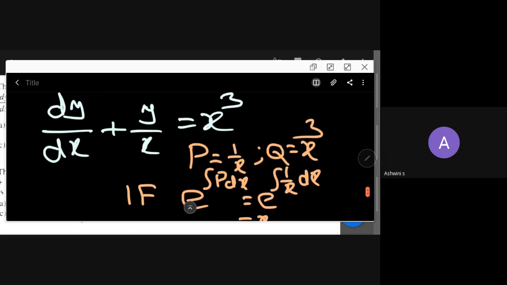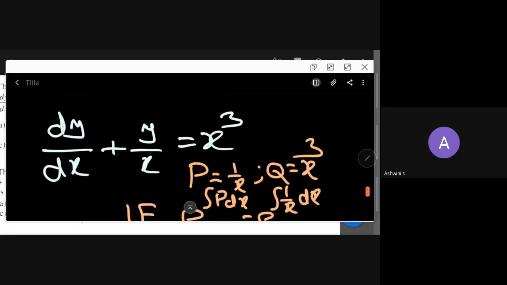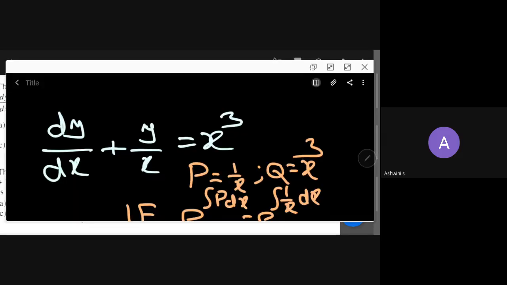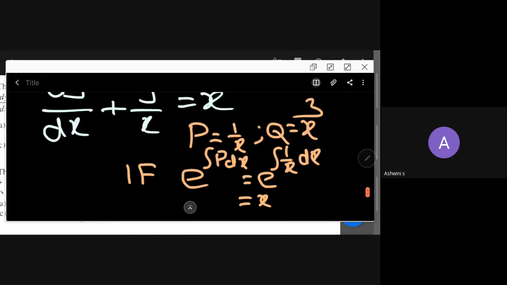Let me check. Dy by dx, what is the equation there? Dy by dx plus y by x is equal to x cube, right? So p is 1 by x, q is x cube. E power integral p dx is e power integral 1 by x dx, that is e power log x.